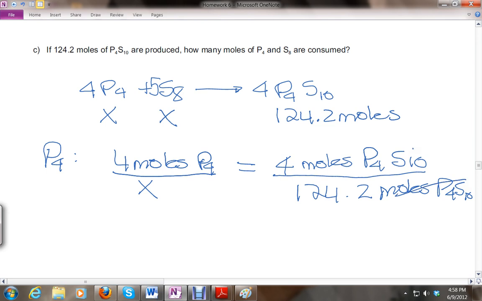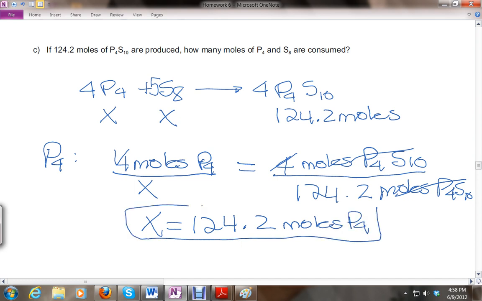So this and this cancel out, and X would be equal to 124.2 moles of P4, because 4 and 4 cancel out.